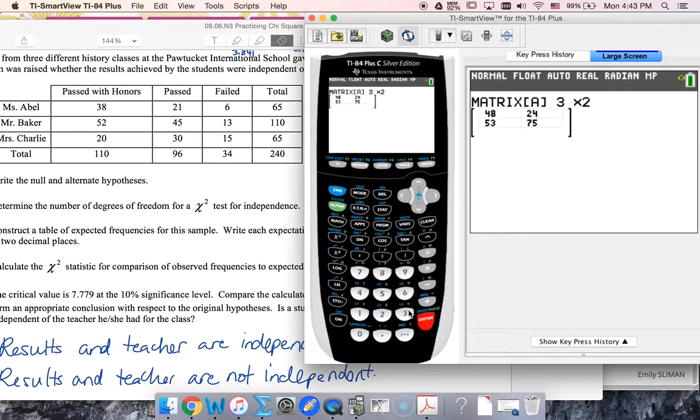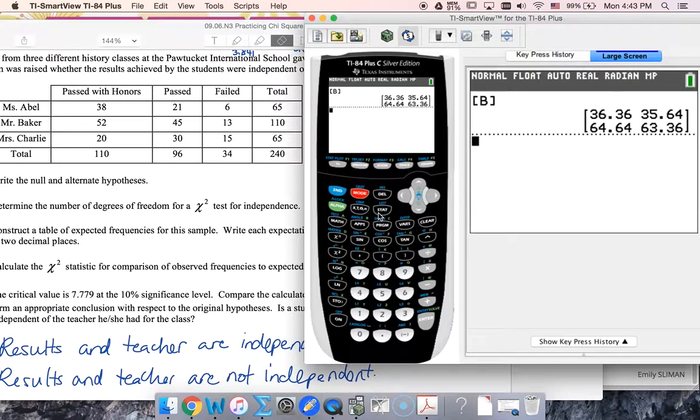So 3 by 3, and I'll put in all my numbers and not putting in the totals. And 45 and 13, and then 20, 30, and 15.